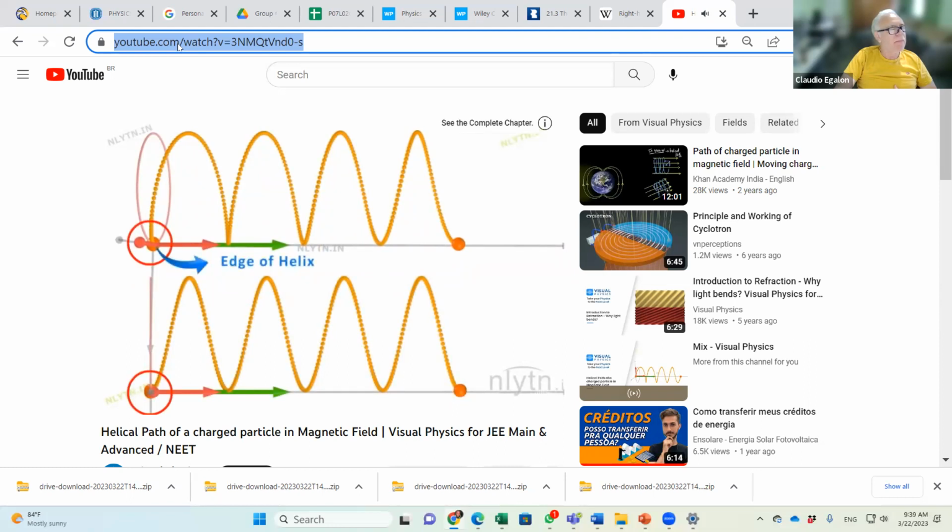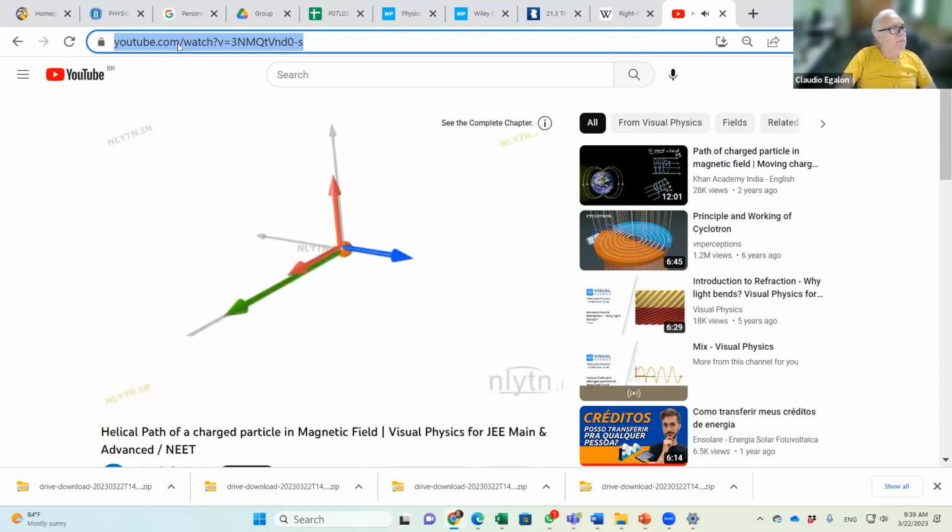Also note that both the components of velocity are perpendicular to the magnetic force, and thus the resultant velocity is still perpendicular to the magnetic force.